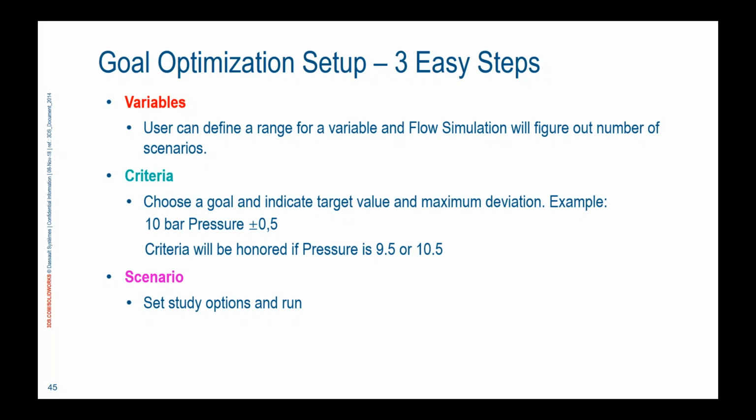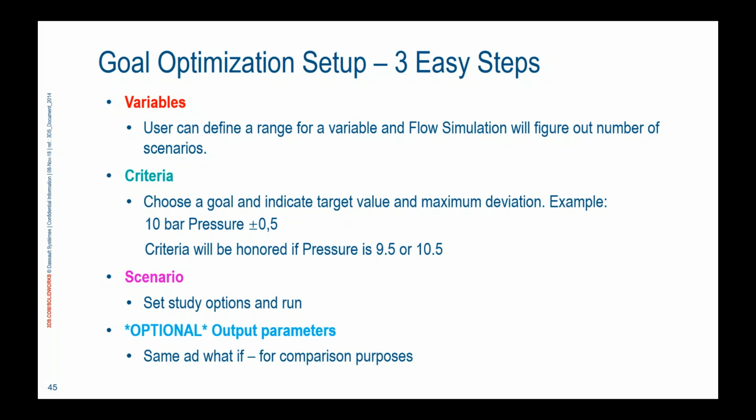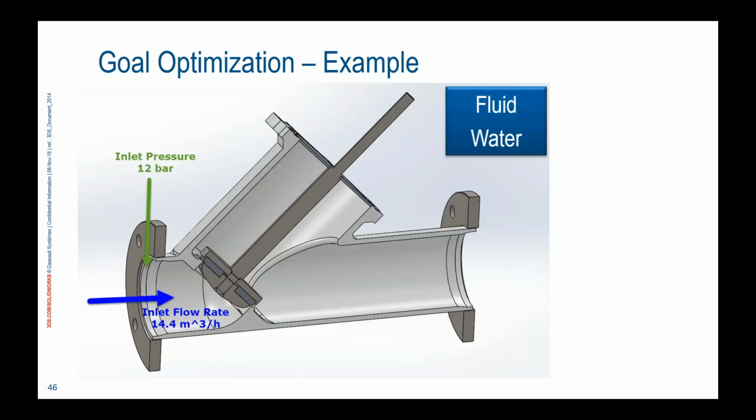So basically, a target and a deviation. So in this case, 10 bar pressure plus or minus 0.5. So we can have a deviation from the target that we want. And we can set up the scenario. Optionally, we can also have some other parameters for output, some other sensors to make comparison.